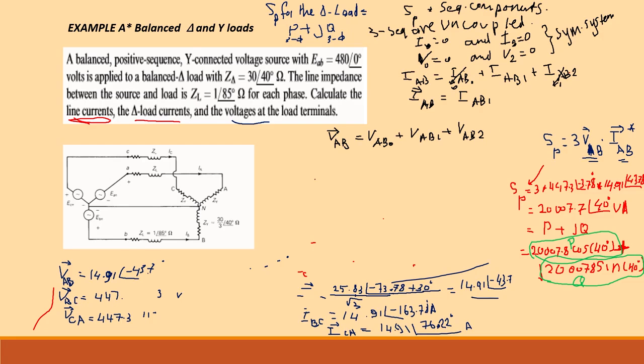We said the zero sequence and negative sequence quantities are 0, which means that VAB is equal to VAB1.